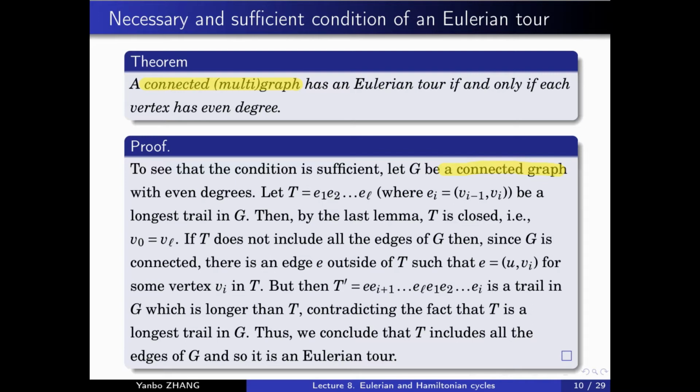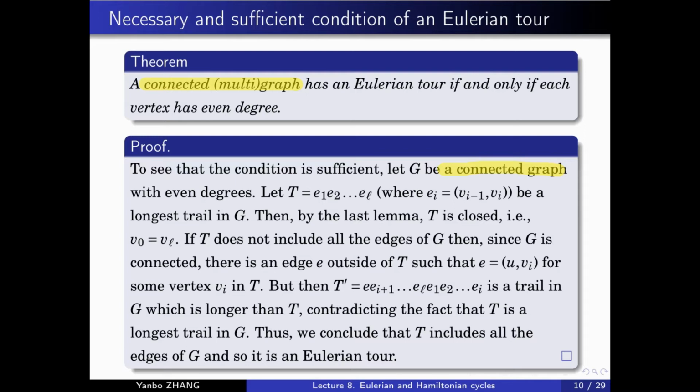Let T equal E1, E2, up to EL, where Ei equals V(i-1) Vi. Ei is an edge. Let T be a longest trio in G. Then by the last lemma, a maximal trio in an even graph is a closed trio. T is closed.